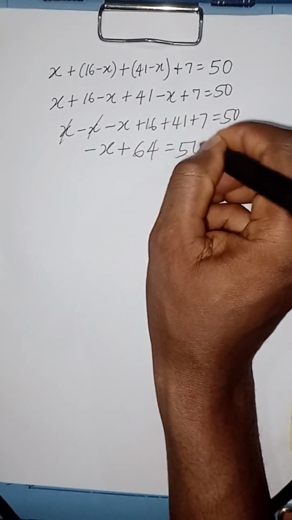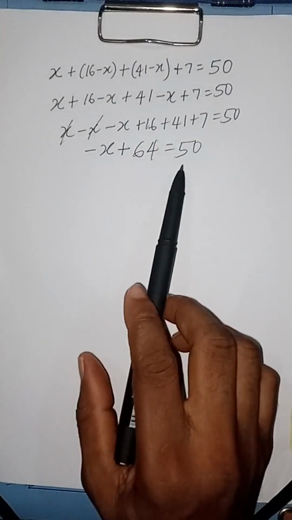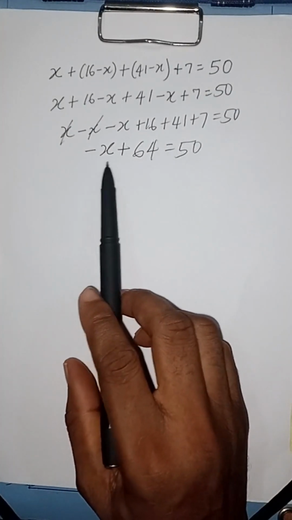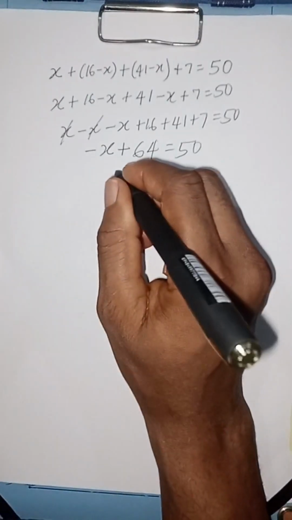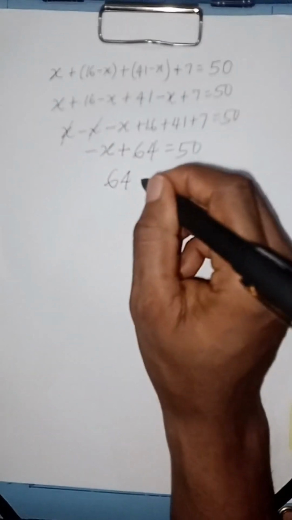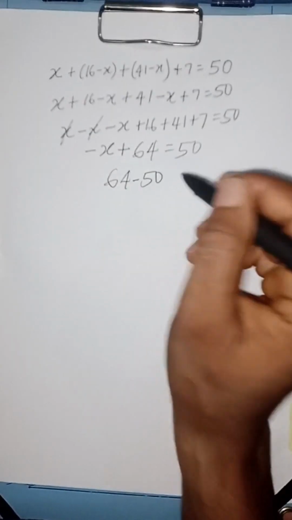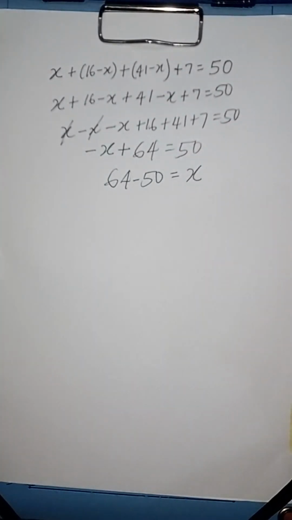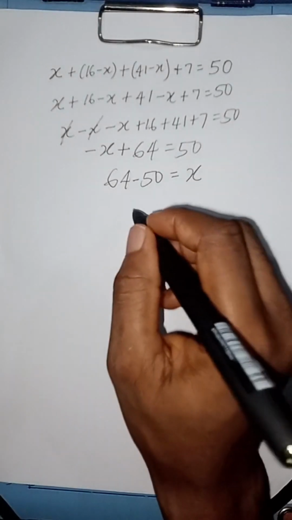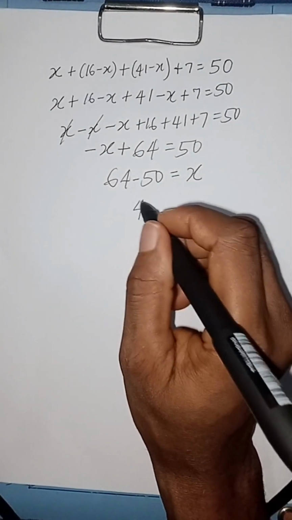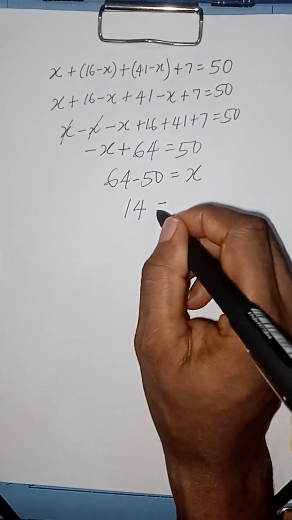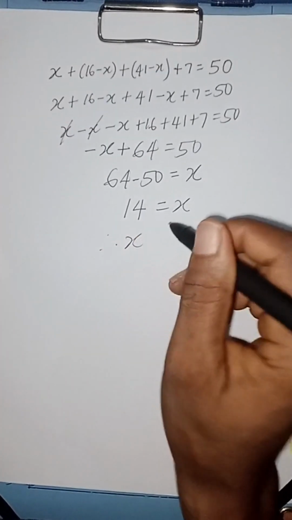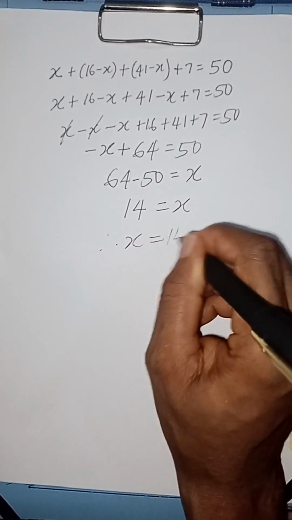Equal to 50. So let 50 move to your left hand side, and let your minus X move to your right hand side. So this becomes 64 minus 50 equal to X. If you subtract, it's going to be 14 equals X. Therefore, X is equal to 14.